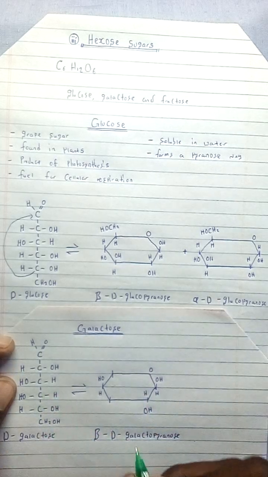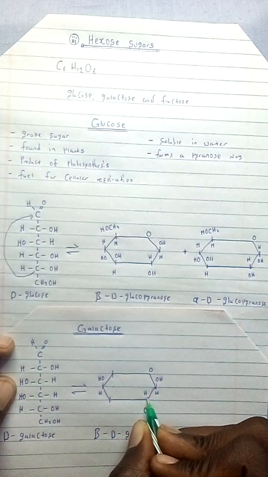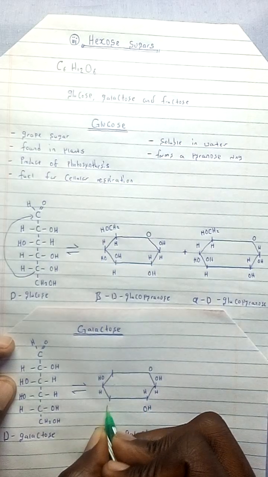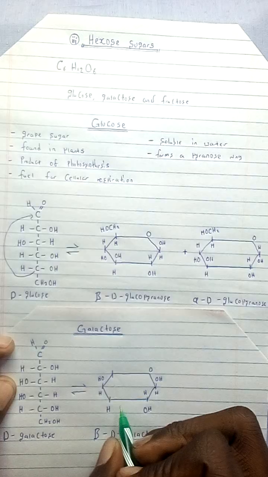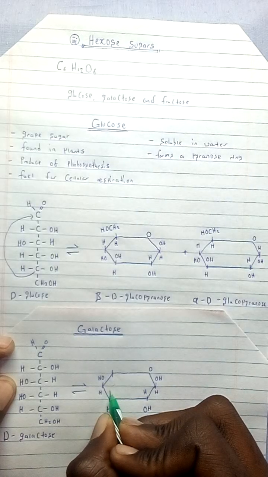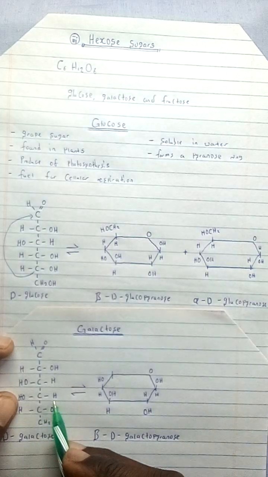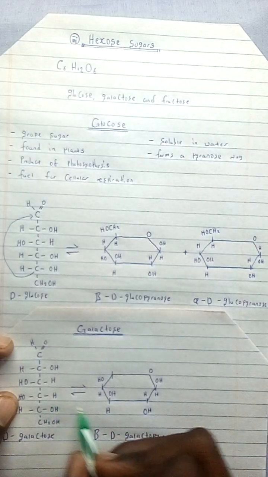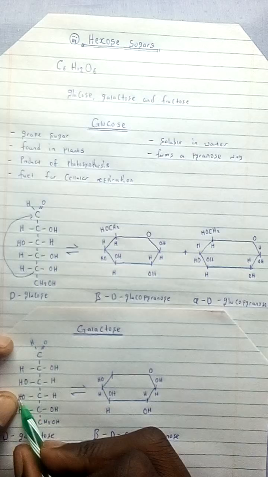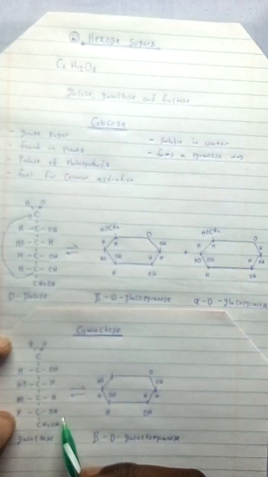Carbon number 2, carbon number 3, you have your H here and your OH inside. On carbon number 4, you have your H here and your OH there. What about here?